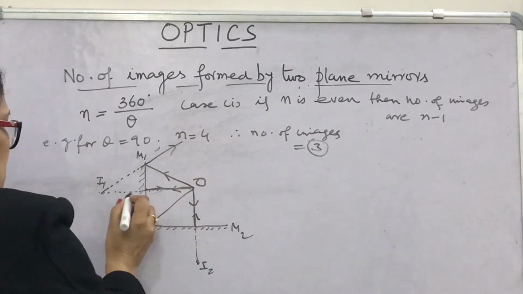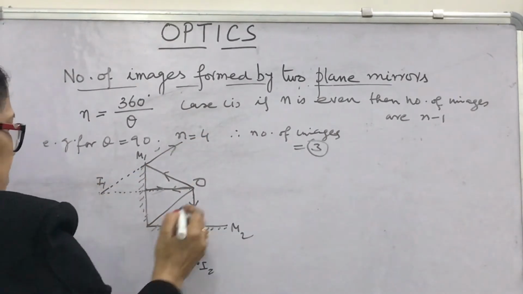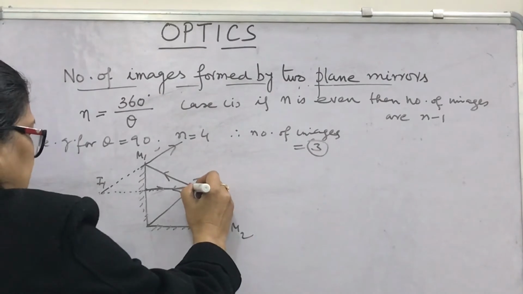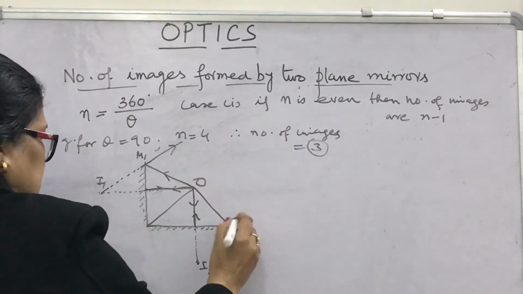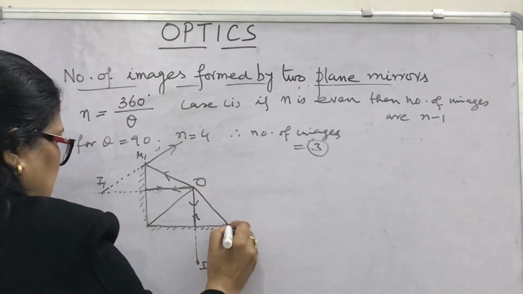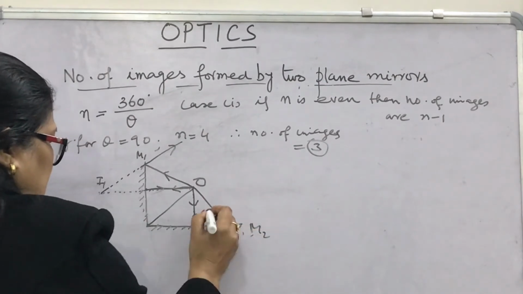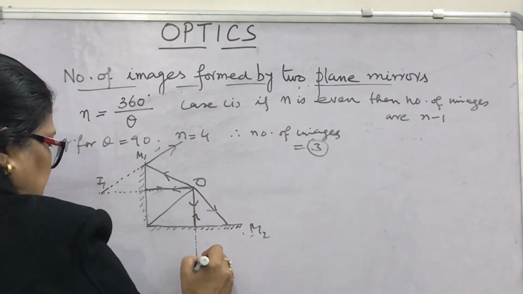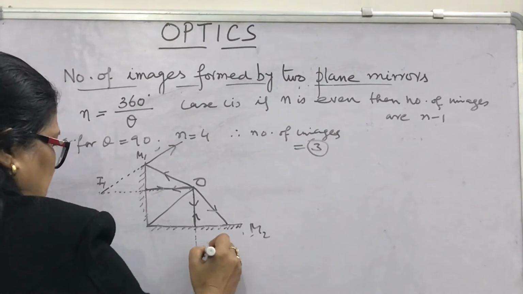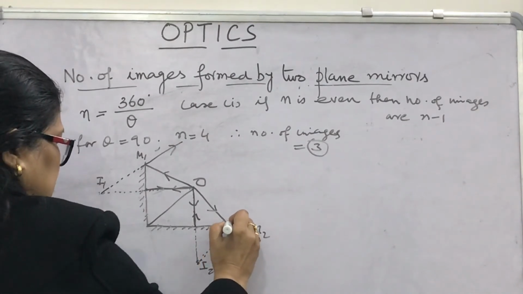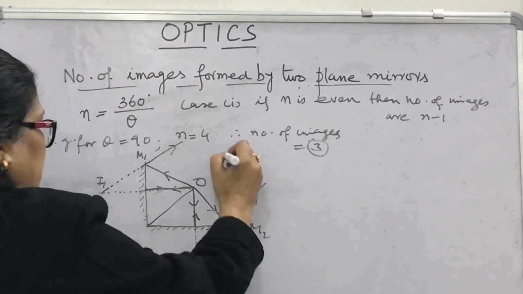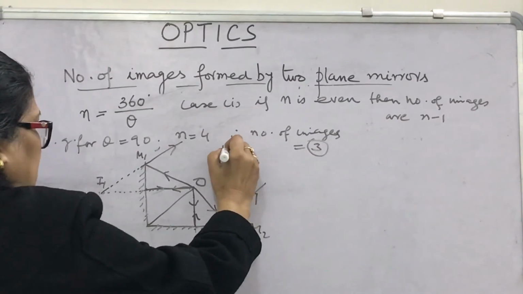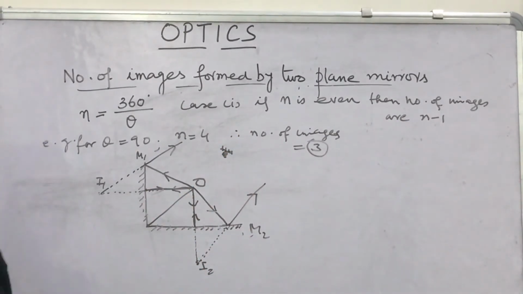So these two rays are forming I1 here. Here also, if this is the incident ray for mirror M2, then it is supposed to be reflected. The ray will appear to come from I2 in this way. So here you are watching these two images.